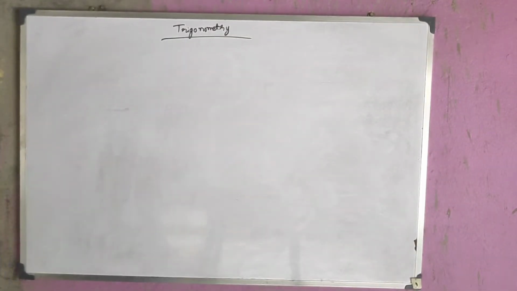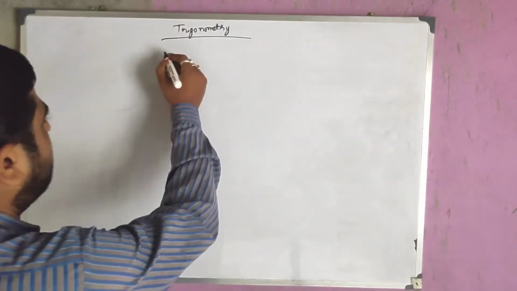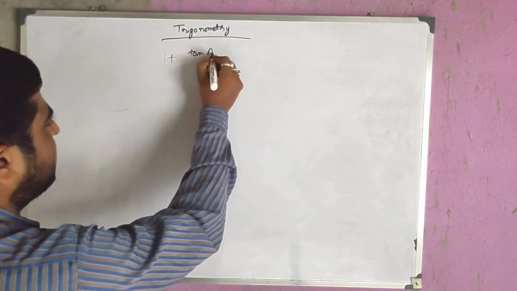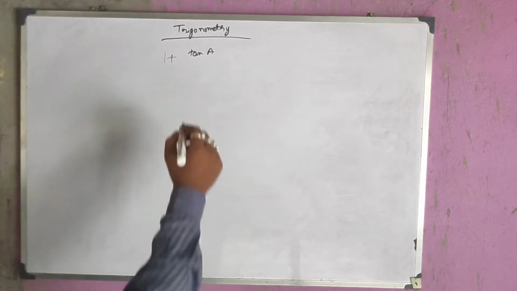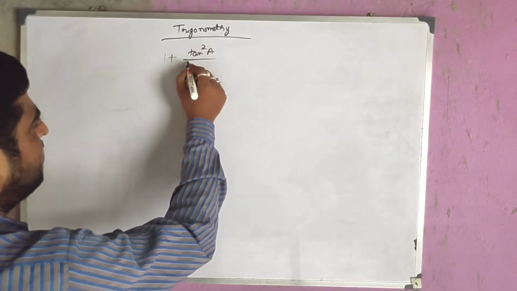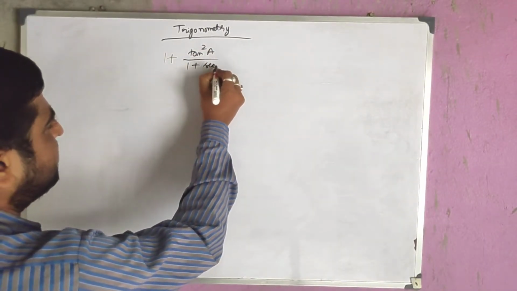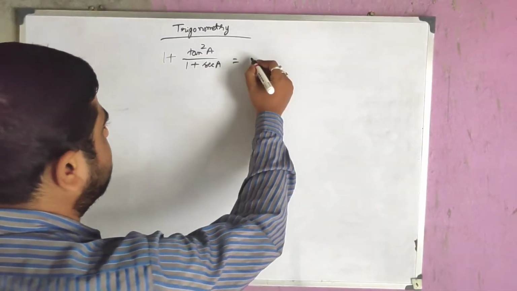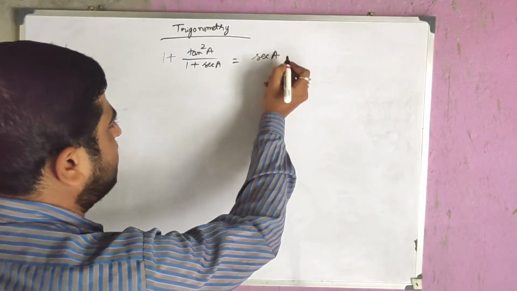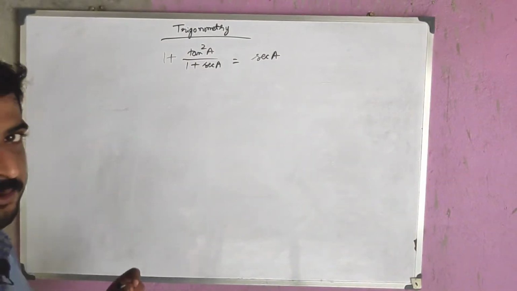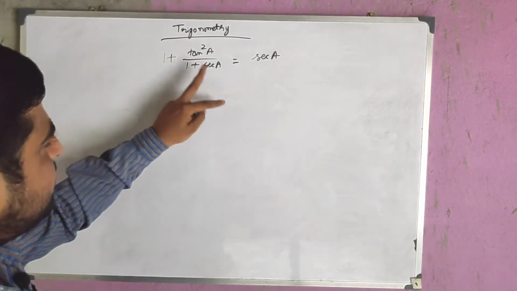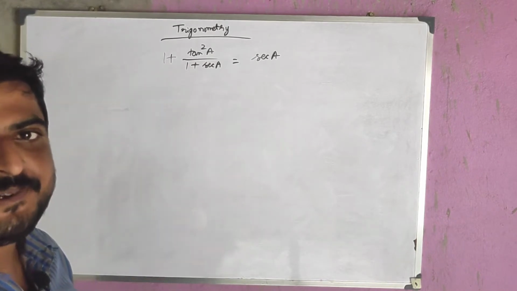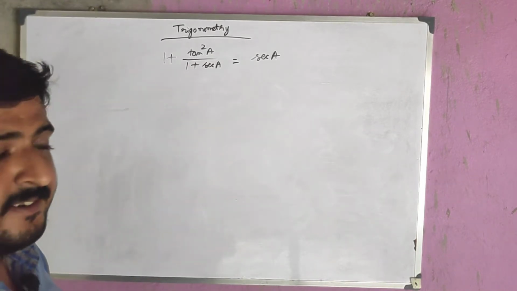First sum: (1 plus tan square A) by (1 plus sec A) equals, you have to prove, sec A. Now you see, here is given tan square A, here is given sec A. Is there any relation between sec and tan?